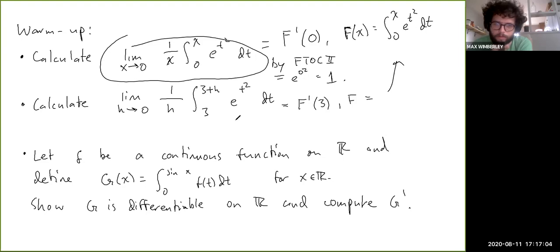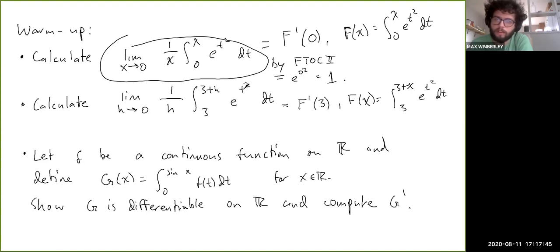Or if you want to think about it differently, to deal with any technical annoyances, so it's more manifestly obvious that this is the derivative, you could define f to be like the integral from 3 to 3 plus x of e to the t squared dt.